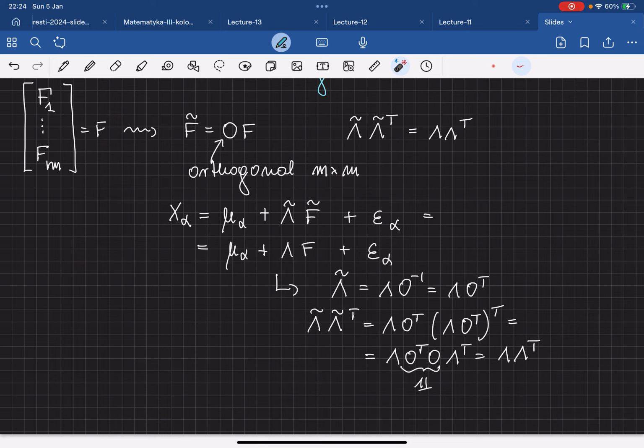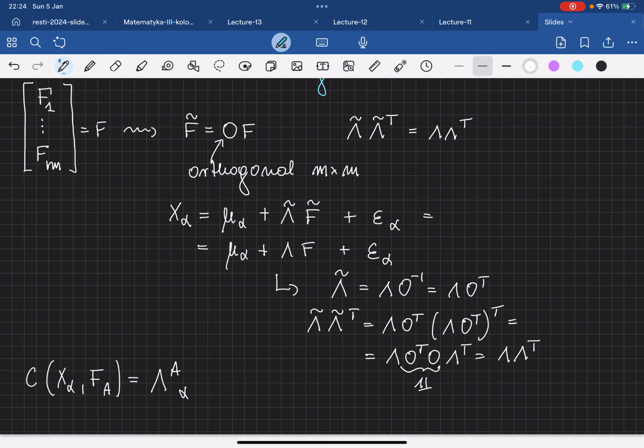Exactly as in the case of one factor, we can calculate the correlation between x alpha and f a, so the correlation between the measured quantities and the factors, and it is easy to obtain that this is exactly the matrix element lambda a alpha.